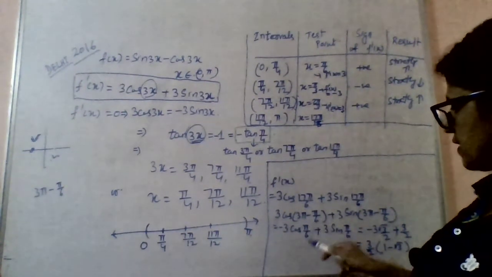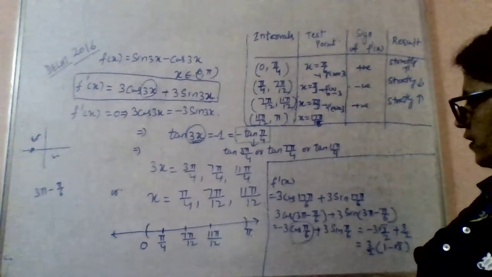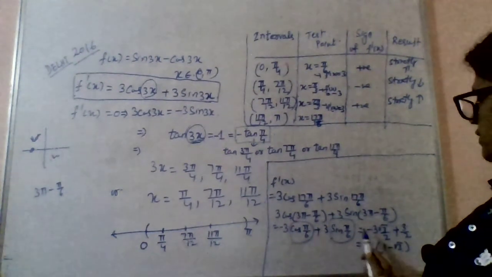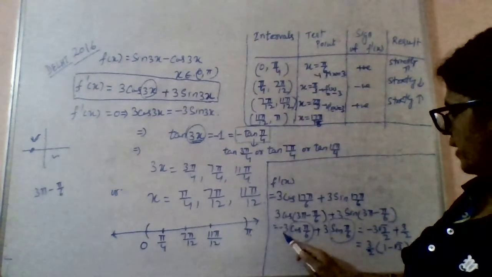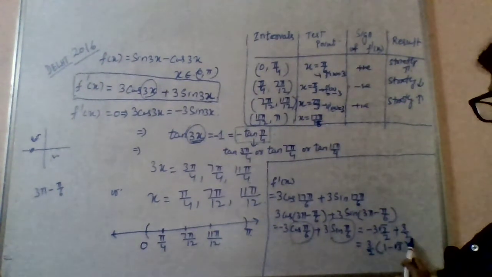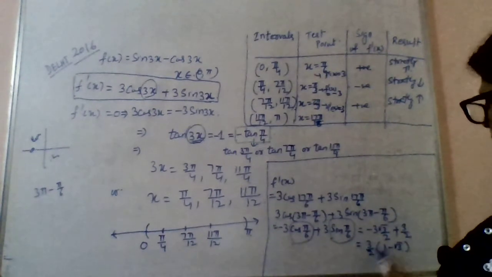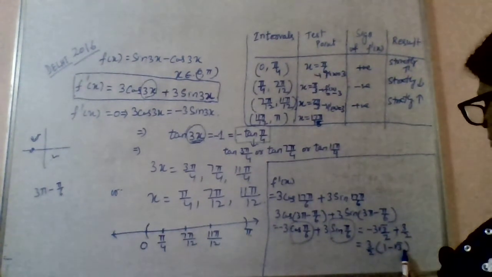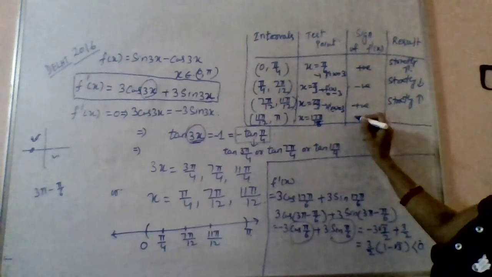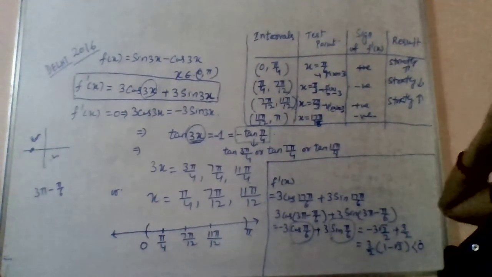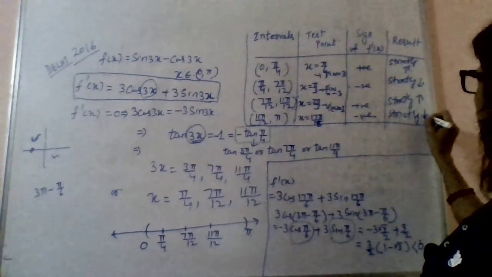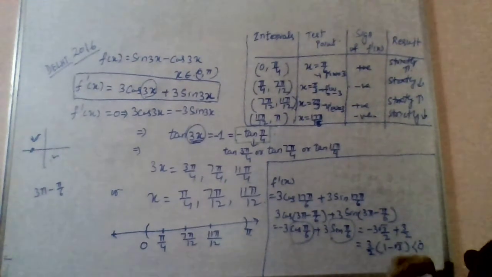Cos pi by 6 is root 3 by 2. Sin pi by 6 is 1 by 2. So we are having minus 3 root 3 by 2 plus 3 by 2. Taking 3 by 2 common, we are having 1 minus root 3. And 1 minus root 3 is negative. So you are having f dash x negative. It means strictly decreasing.